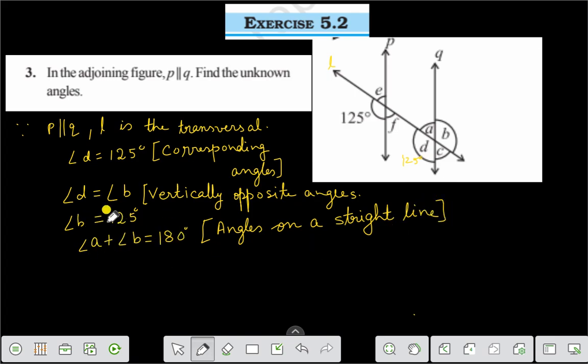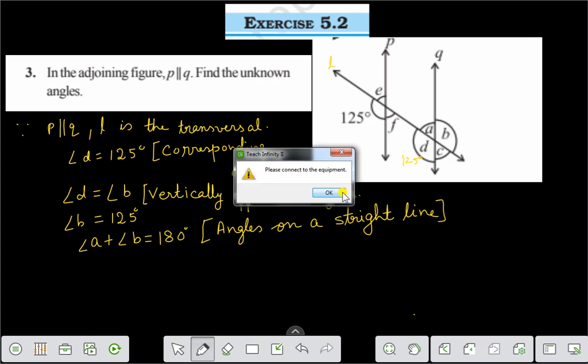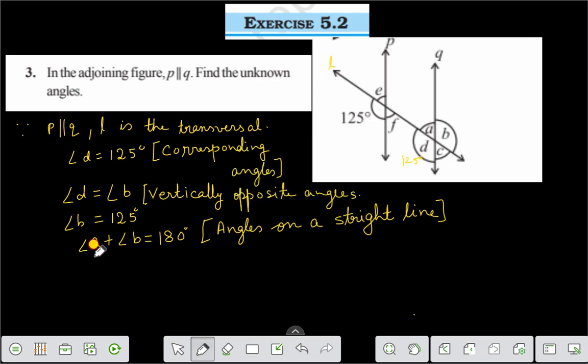If we put the value of angle B, then we can say that angle A plus 125 degree is equal to 180 degree. Right? Then we can say that angle A is equal to 180 degree minus 125 degree.